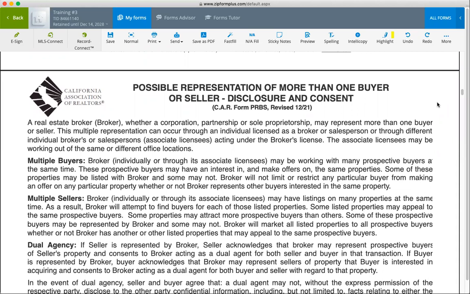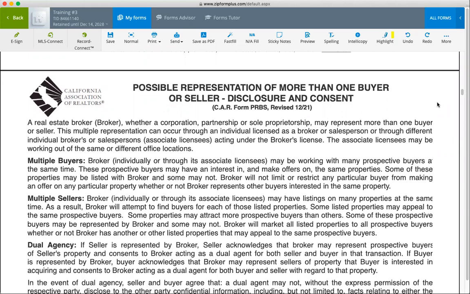The case was in 2005, 4 or 5, in the very hot market back then when there were a lot of multiple offers and overbidding for properties, much like we had during the pandemic years, 2020, 21. Back in 2005, there was a large Coldwell Banker office in San Francisco.